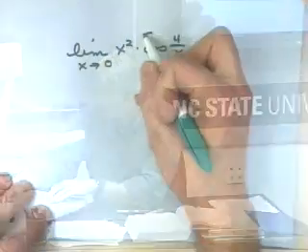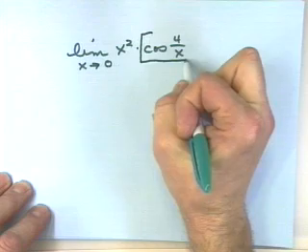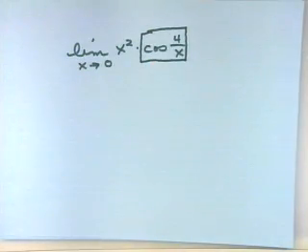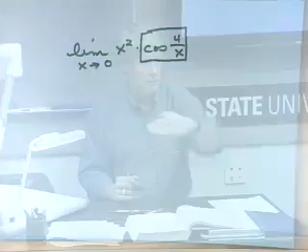Tell me about this term right here. I don't care what that is. It's the cosine of something. Isn't the cosine of something, as long as it's not 4 over exactly 0, which it will never be, always between 1 and negative 1? Right?